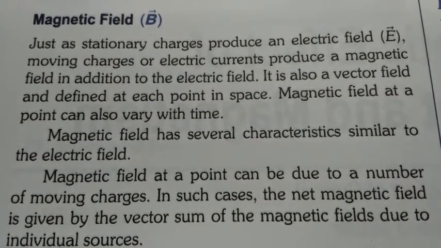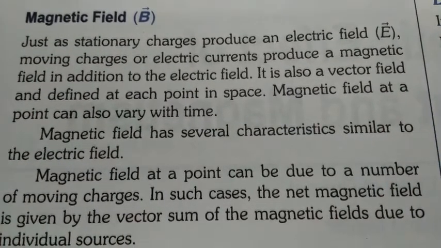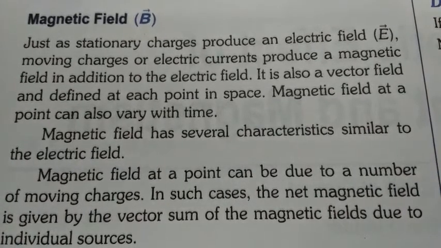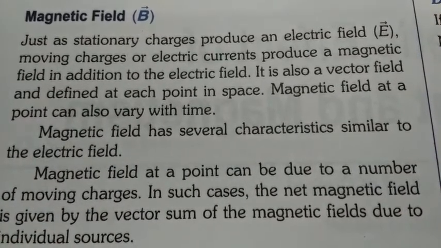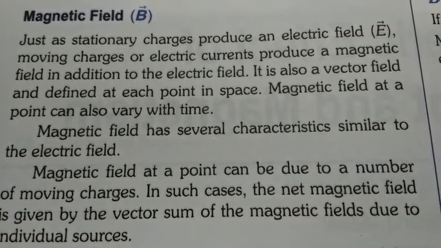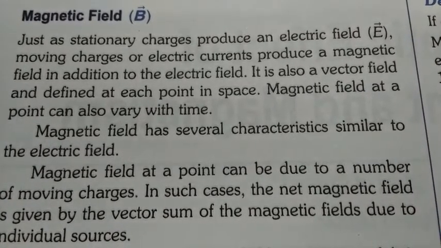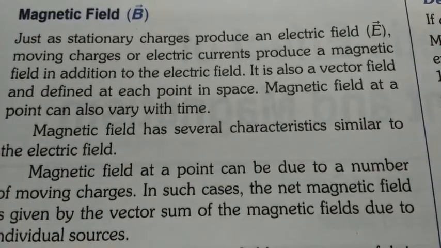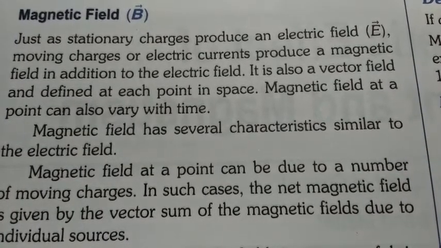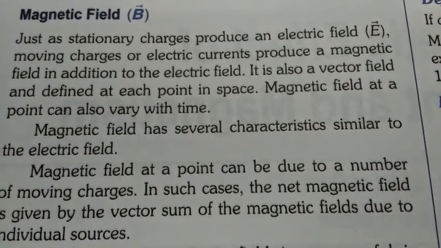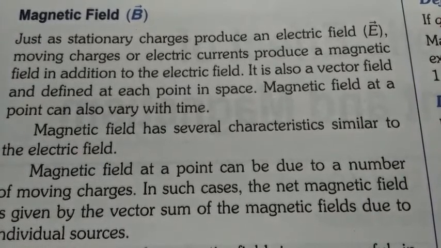So when the charges are at rest, we get an electric field, and when the charges are moving, we get a magnetic field. Because it depends on the flow of charges, it is a vector quantity: as we change the direction of flow of charge, the direction of the magnetic field also changes.